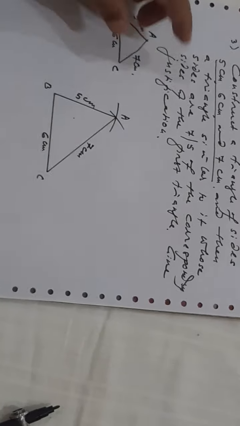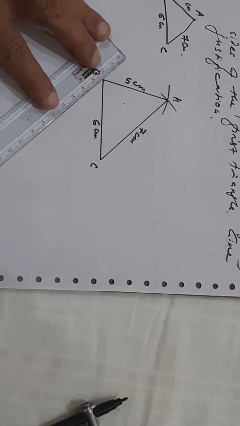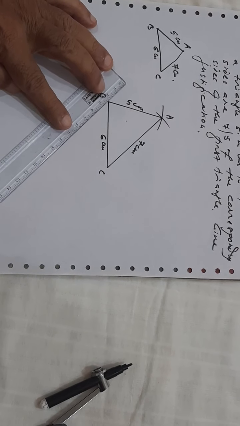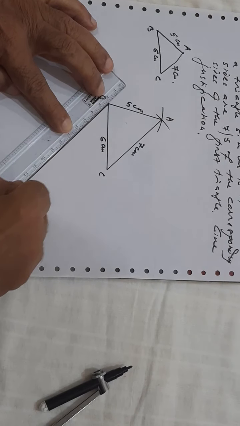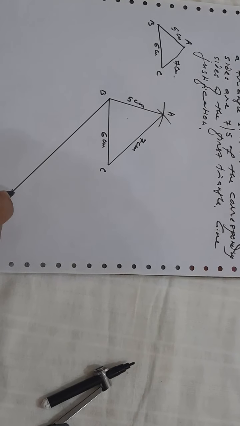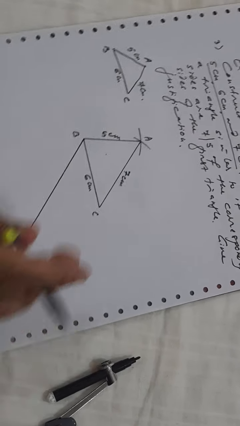Now proceed the same way to draw one similar triangle. So the method is the same. Draw one ray making an acute angle, BX. Now see guys, the ratio is 7/5.